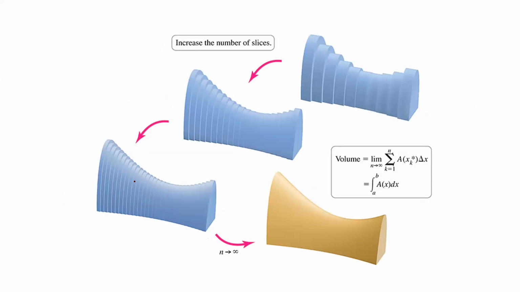As we do more and more slices, the volume will tend to approach the smooth volume that we have here. So by taking the limit as n goes to infinity of the sum of all our approximating slices, it'll approach the integral from a to b of our cross-sectional area. Okay, so that'll be how we do the general slicing method: we'll integrate from a to b the cross-sectional area.